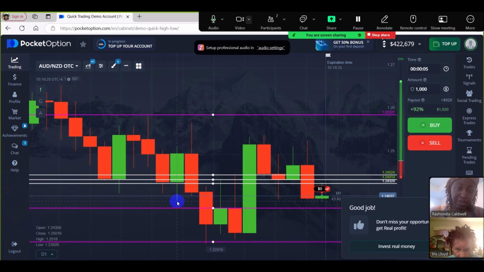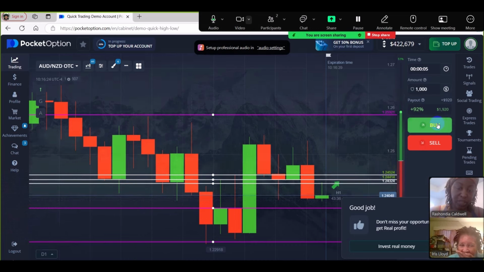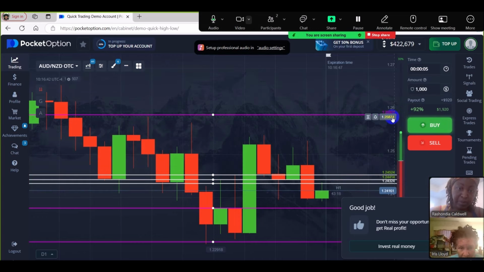So it's coming down to here. So you're just really trying to find which wick it's trying to work off of. Right now I see it's right there off of this wick or this wick. Yeah, they're very close together.